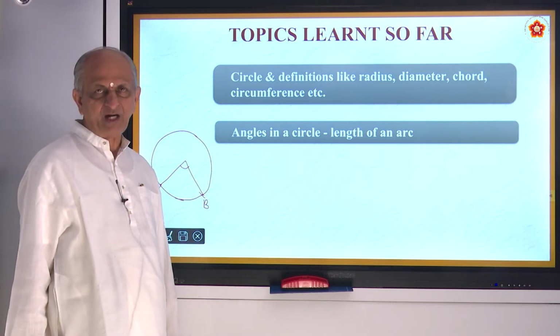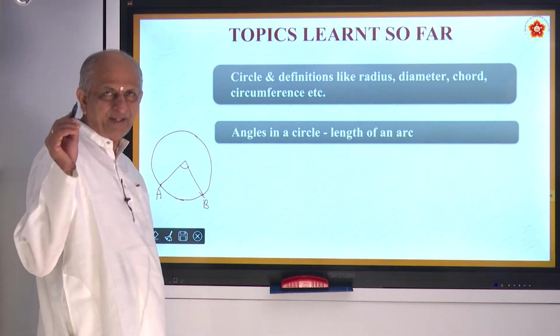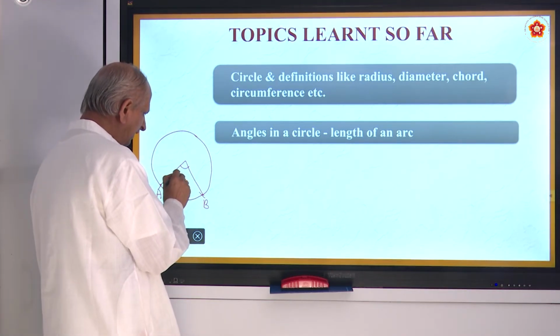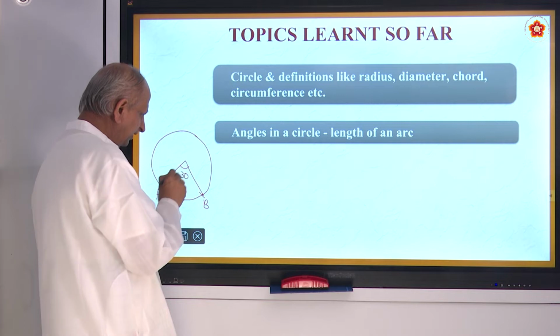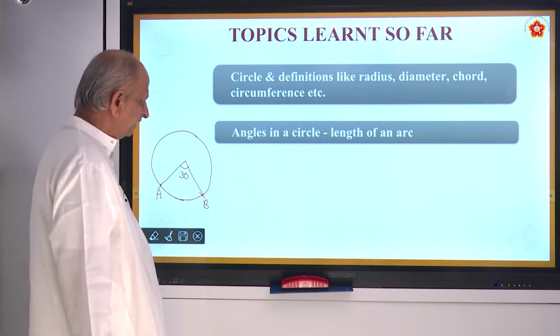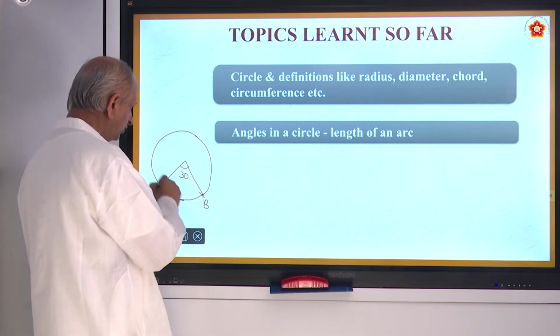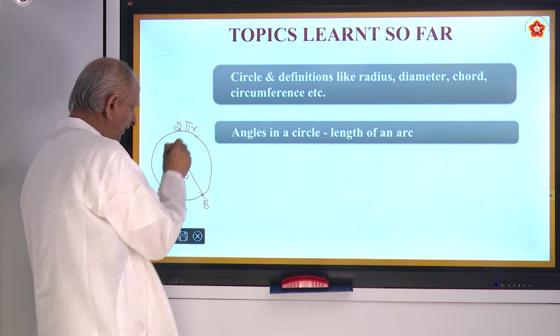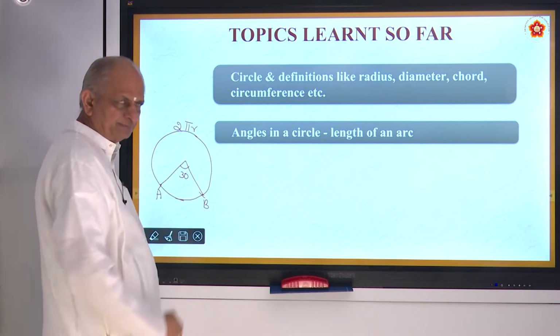How do you find the length of the arc? 2 pi r into the angle here, say 30 degrees or 40 degrees, whatever it is, by 360. That is the formula you have studied. So this is the length of the arc. Total is called circumference and total length is 2 pi r. This is part of it.